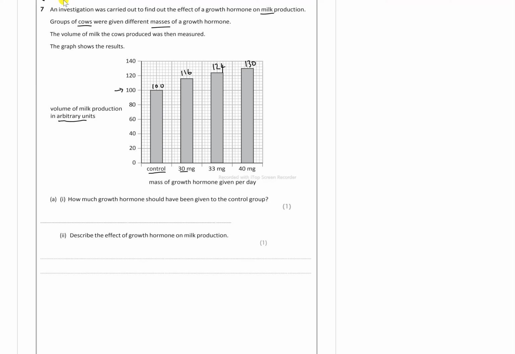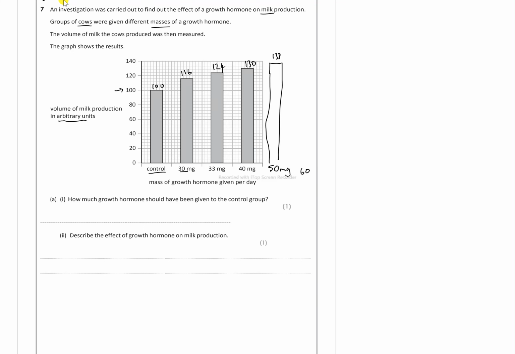Right, if you think about it just for 1 second, let's take this a stage further. Say if you gave them 50 milligrams of the hormone, it might only go to 138. And then if you gave them 60, it might only go to 140.